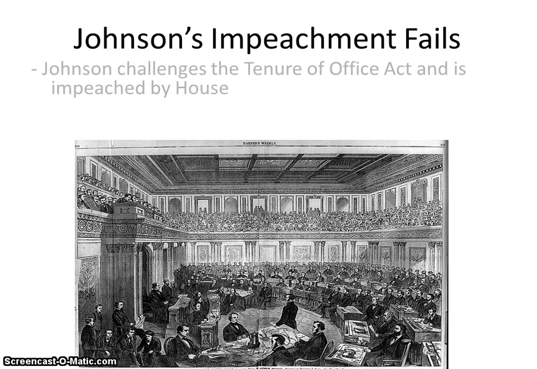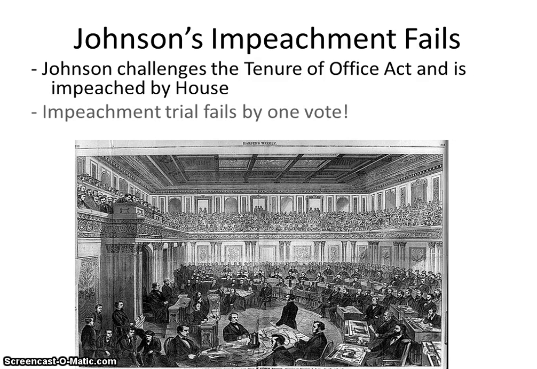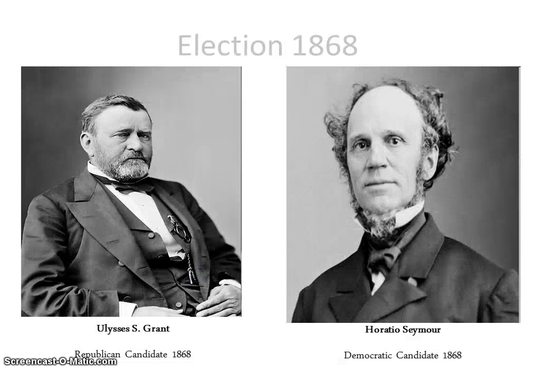So Johnson is technically formally charged with failure to do certain things within his job as president. He's impeached by the House, and he challenges the Tenure of Office Act. The trial goes on in the Senate, and if the Senate had one more vote, he could have been potentially removed from office as president.